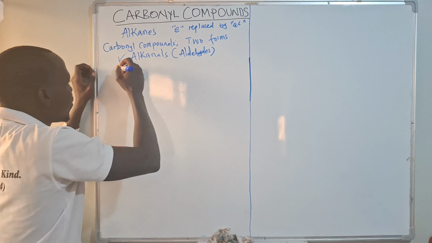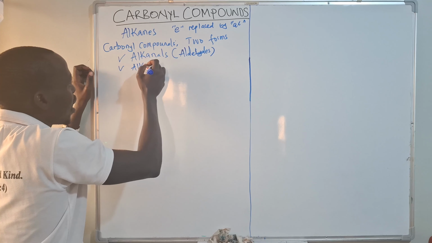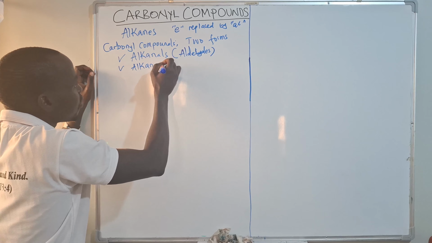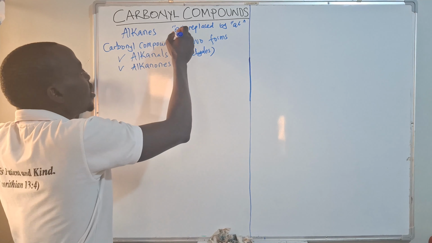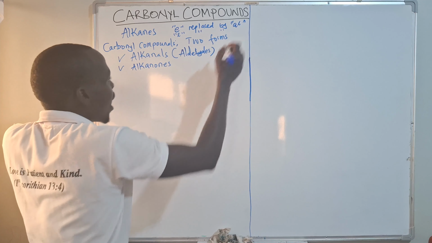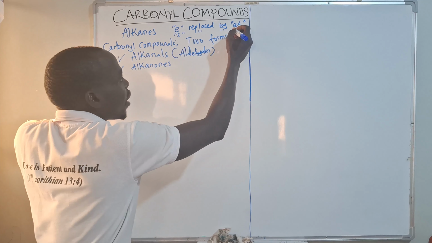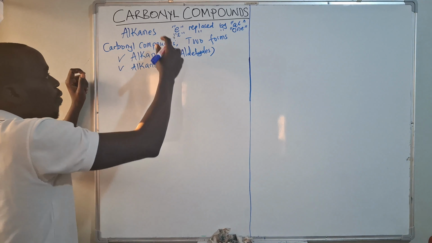Then we have another form, we call them alkanones. That means in this other form, the E has been replaced by what we call the one. We are not considering the plural form.